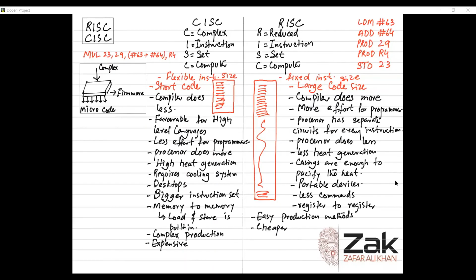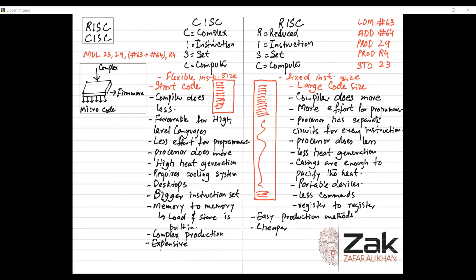We have already studied that whatever we do in high level languages is in short code, and if you convert it to the assembly language way, you would have to write more code. So high level languages by default support complex instruction set code.